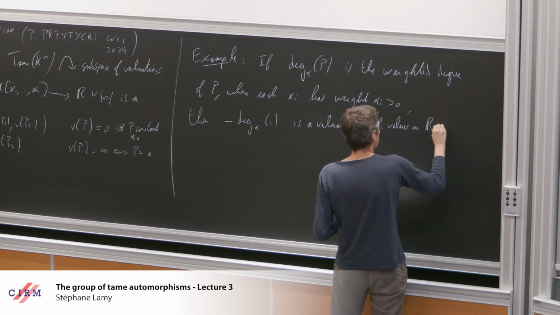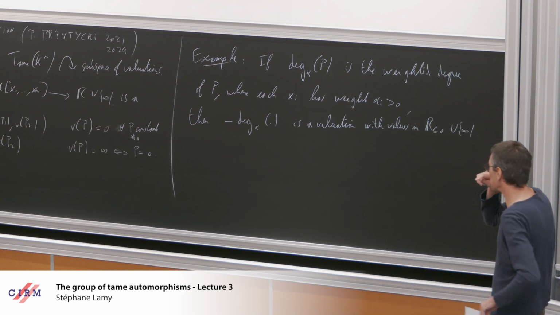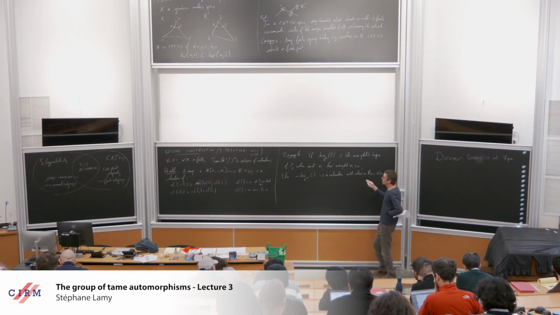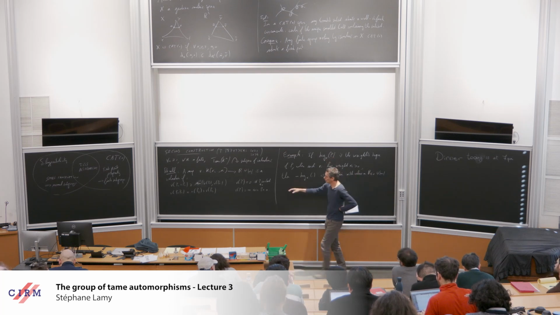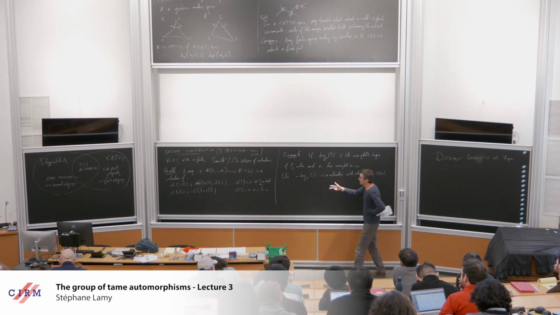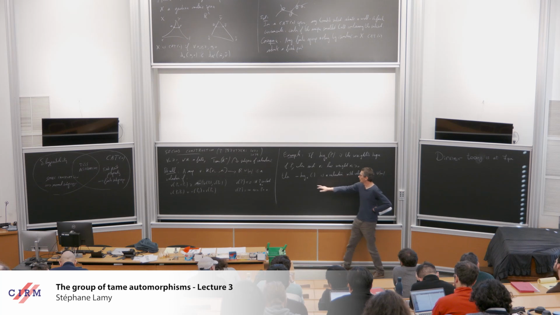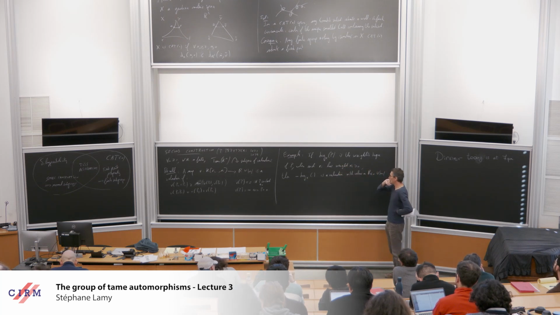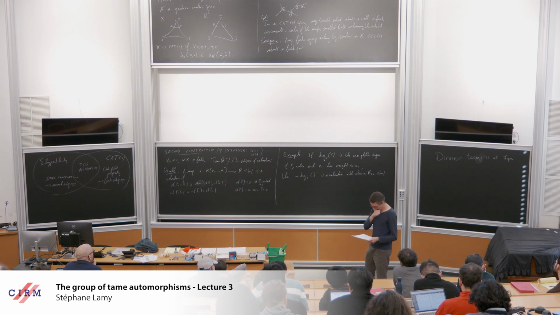I prefer positive numbers, so I tend to think of it in terms of degree, where you replace min by max. But if you want to think of it as a valuation, then you have to put minus everywhere. To take some min of negative numbers, I cannot do it, so I prefer to take some max of positive numbers where I see what I'm doing.